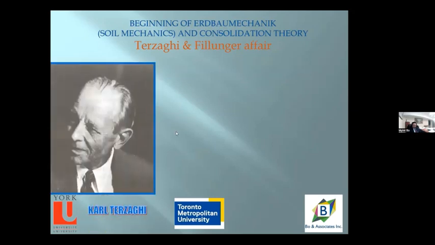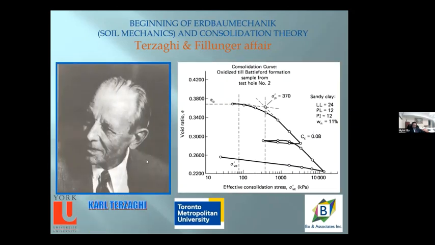So Terzaghi felt insulted, and then he complained about the matter to the university rector. Since the consolidation theory was very complex, the university rector approached the international academic community to assist in making a judgment on these two theories. So an academic board consisting of 5 academics, some from the USA, some from the UK, reviewed these two theories.